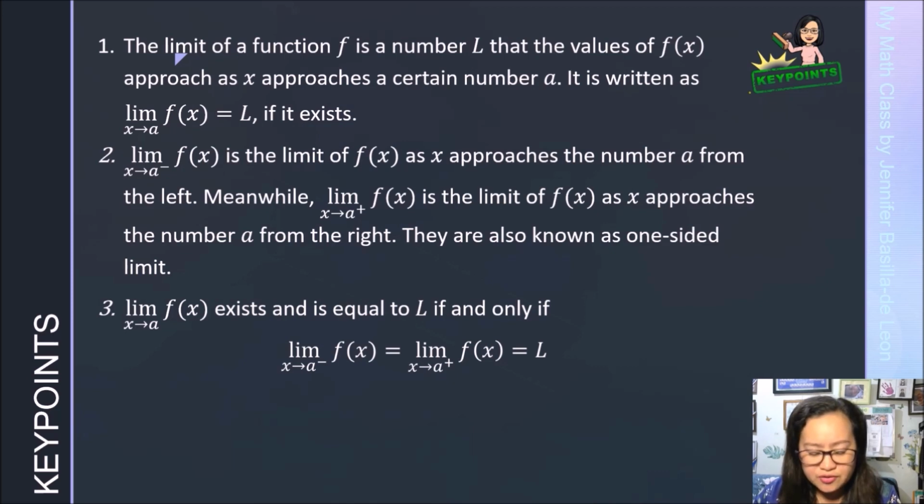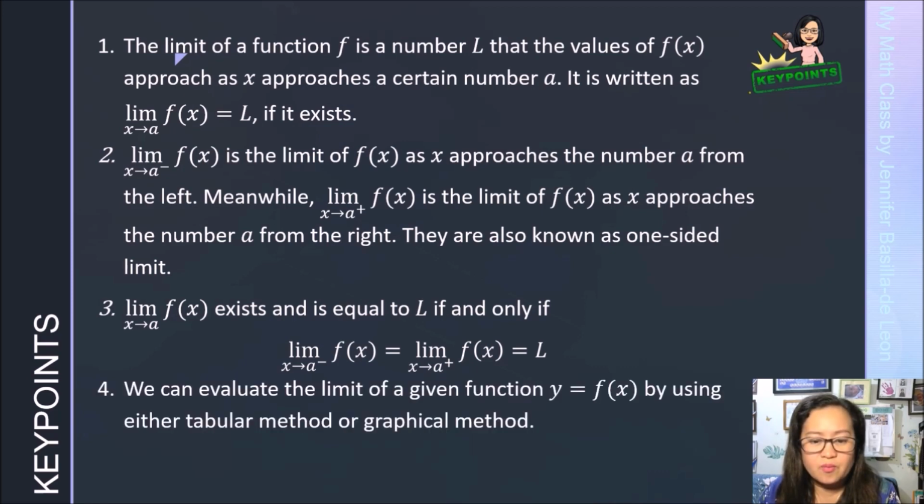So the third concept is: the limit of f of x exists and is equal to L if and only if the limit of f of x as x approaches a from the left is equal to the limit of f of x as x approaches a from the right, and both equal L. Now, we can evaluate the limit of a given function y equals f of x by using either the tabular method or the graphical method.